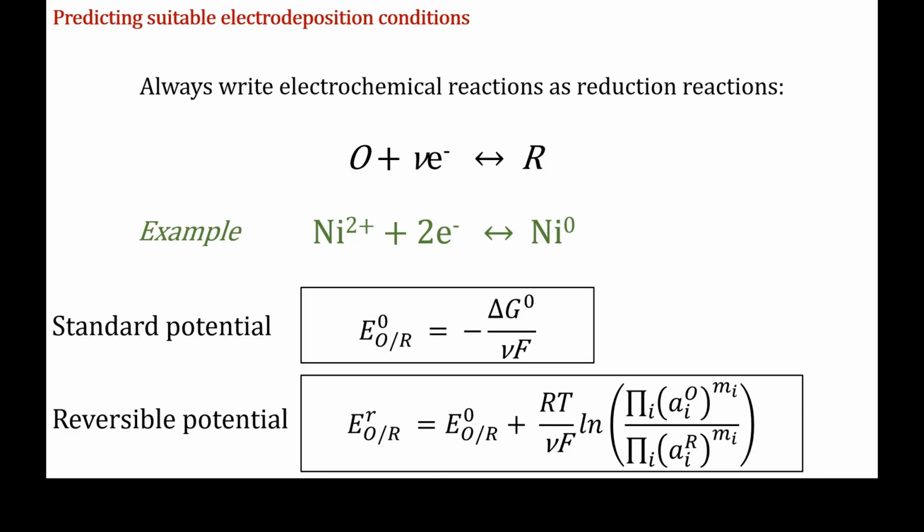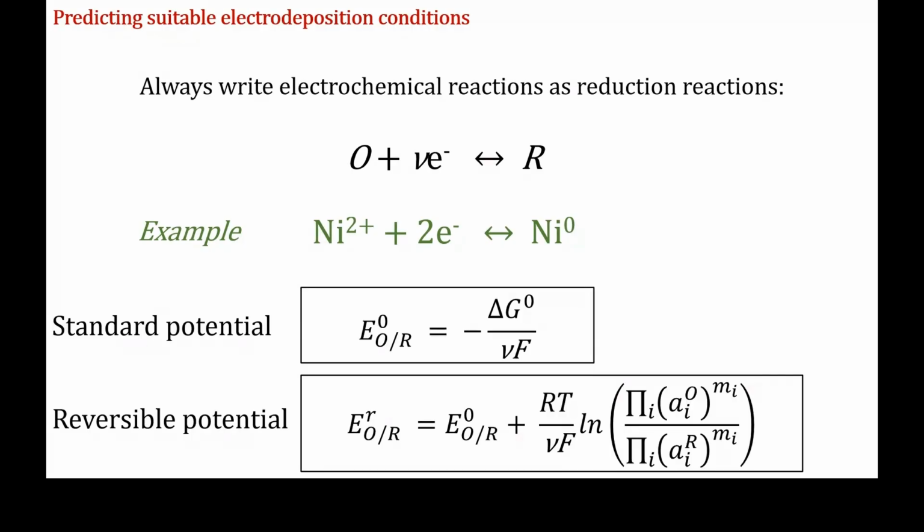We do that using some standard formulae that you'll find in any textbook, which is that we use the Gibbs free energy change for this reaction, divided by the electron stoichiometry of the reaction, and that gives us the standard potential. The standard potential doesn't take into account the experimental conditions, for example, the concentration of nickel 2 plus, which we've just discovered is actually very important.